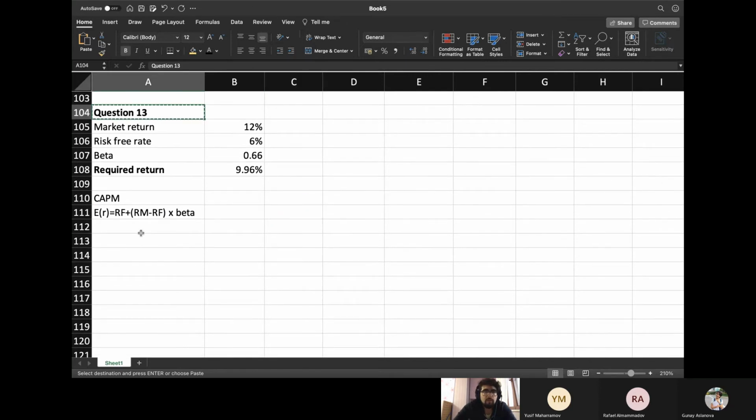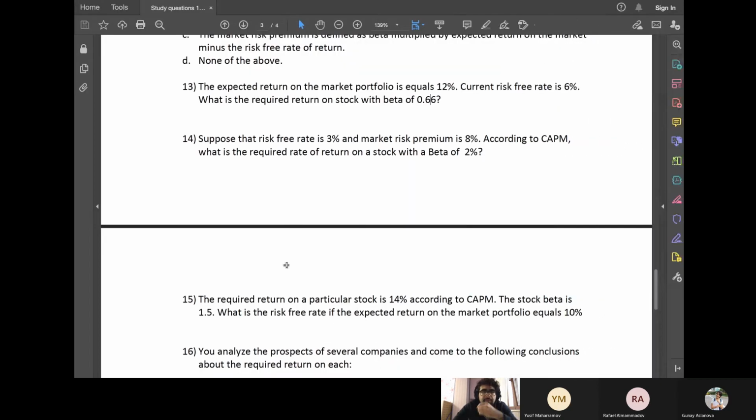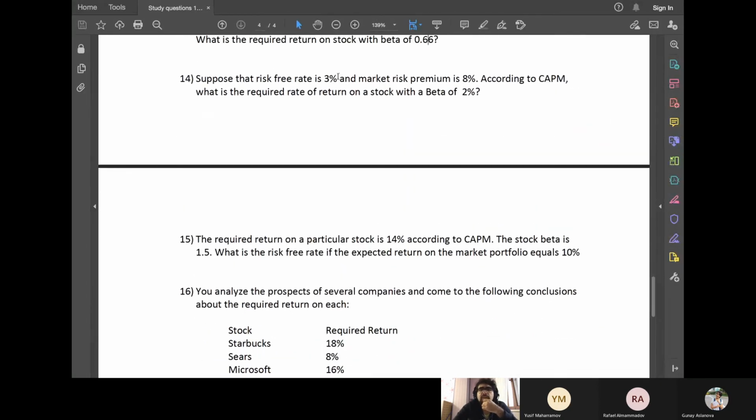Question 14. Suppose that the risk-free rate is 3% and the market risk premium is 8%. It is not market return. It is the market risk premium, which means 8% is already RM minus RF. According to CAPM, what's the required return on a stock with a beta of 2? It should be 2, not 2%, because beta is not presented in percentage terms.